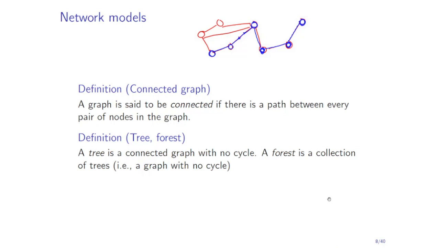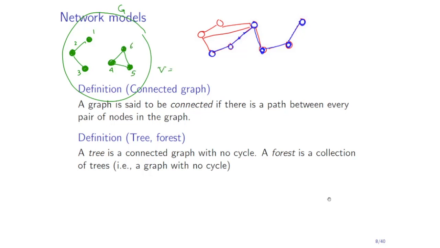Example of disconnected graphs, very simple. This is a disconnected graph. Okay, I'm not showing you two separate graphs. No, this is a single graph. So this is G, with vertices 1, 2, 3, 4, 5, and 6.